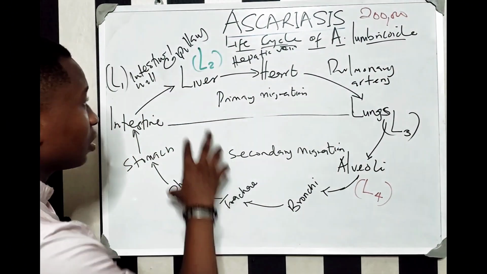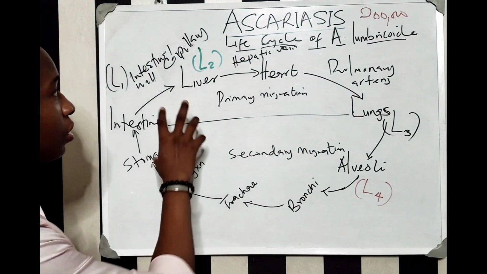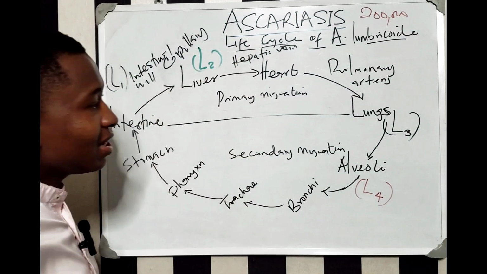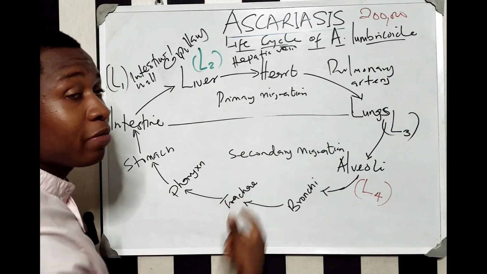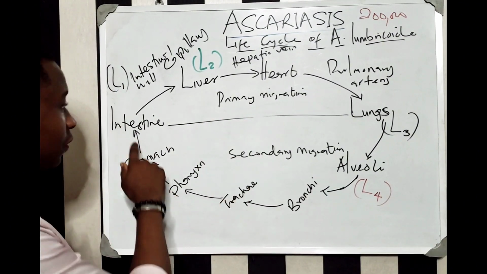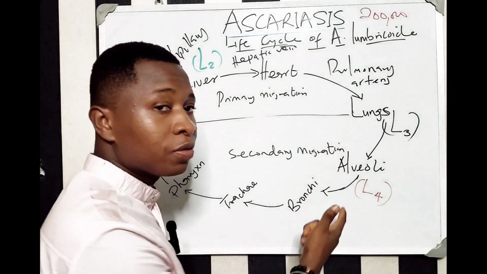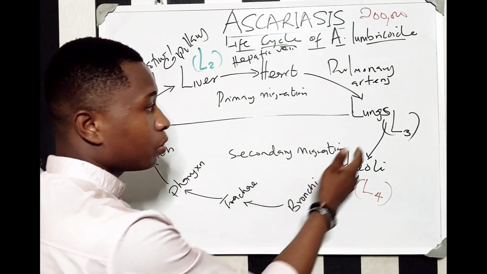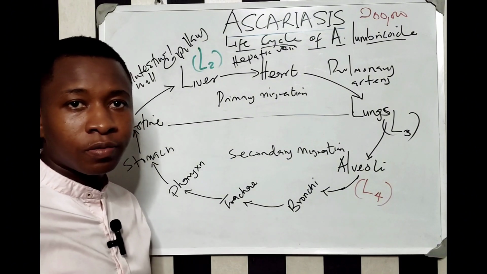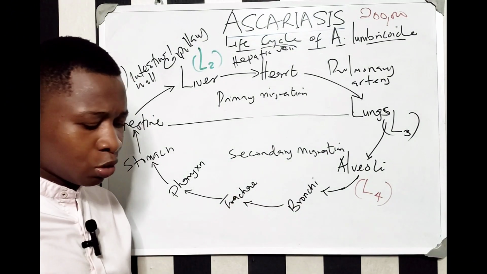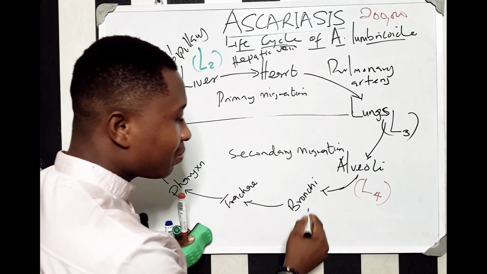So this is just the life cycle of the Ascaris lumbricoides. And this life cycle is basically divided into two: the primary migration and the secondary migration. The primary migration starts from the intestine and ends in the lungs. Meanwhile, the secondary migration begins from the lungs and ends in the stomach. And there's another type of migration known as the aberrant migration.